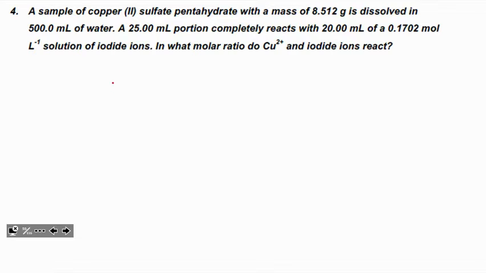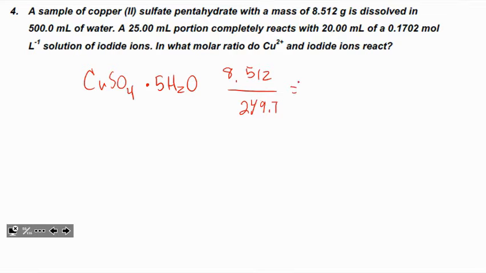So if we look at this, our copper sulfate pentahydrate, if we take the mass of it and we divide by the molar mass for copper sulfate pentahydrate, I end up with 0.0341 moles of copper sulfate pentahydrate.